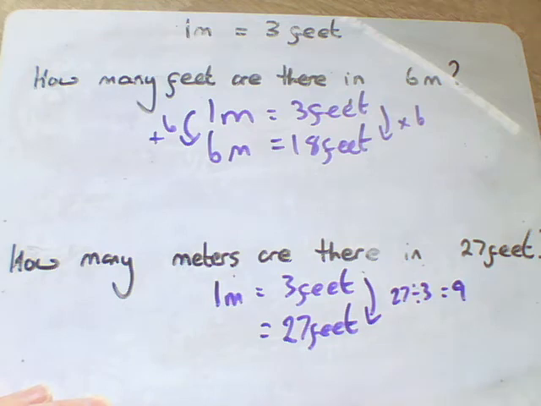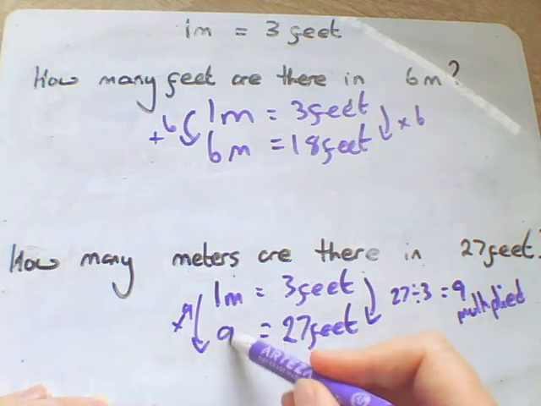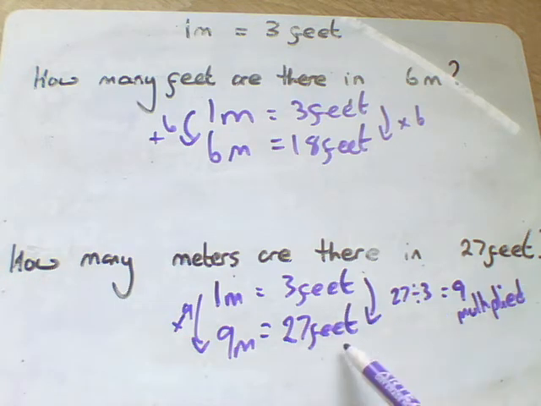That's what I've multiplied by. So guess what I'm going to multiply by on the other side? The number 9. So 1 times 9 is 9 metres, so 9 metres is 27 feet. The only difference with this question is that the 27 went underneath the feet side instead of the left hand side. Now that's direct.